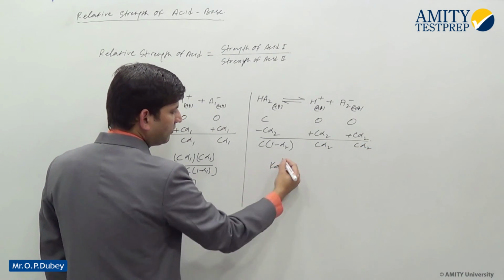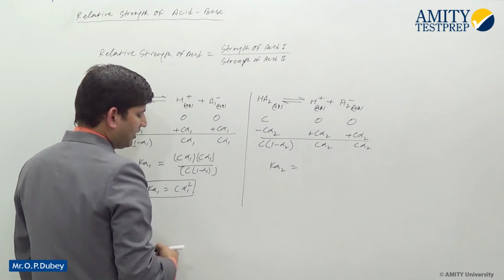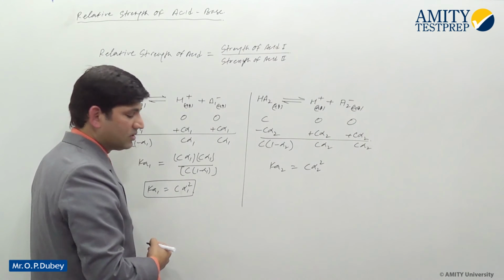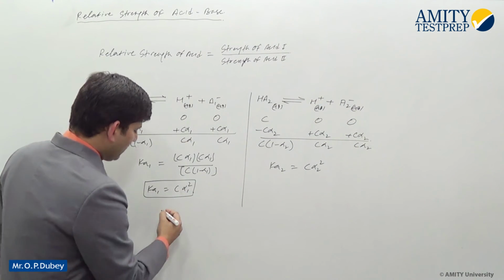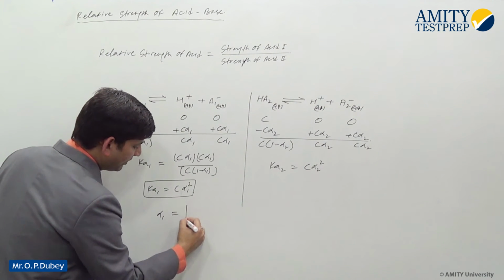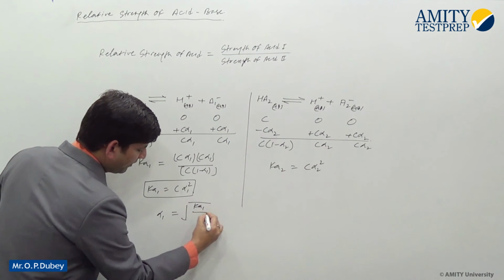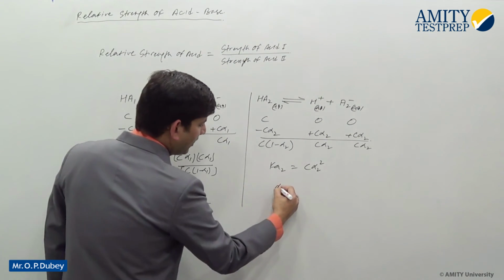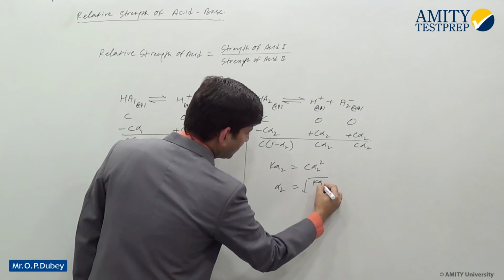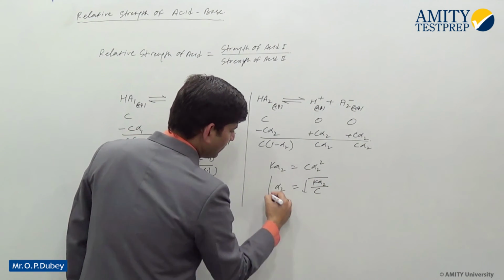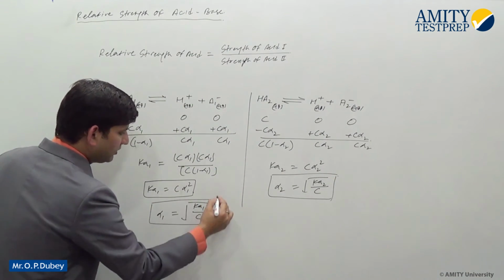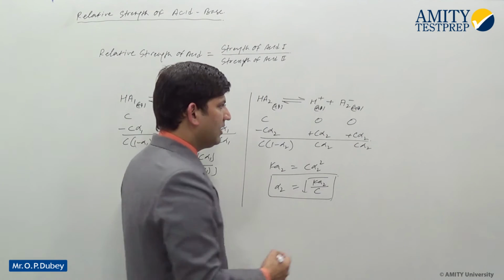The dissociation constant of this acid can be written as C alpha 2 squared. Alpha 1 for this weak acid can be written as under root K1 upon C, and alpha 2 for this weak acid can be written as under root K2 upon C. The ratio of the degrees of dissociation is the relative strength of acids 1 and 2.